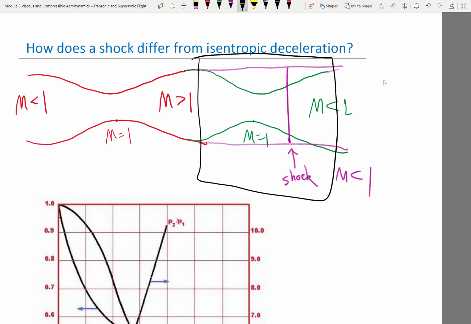How about conservation of energy? Is there any difference in the conservation of energy? Yes? How is it different? Since there's a shock, isn't some energy lost due to the shock? Okay, good point. Some energy is lost due to the shock.